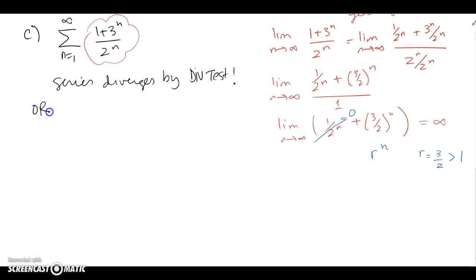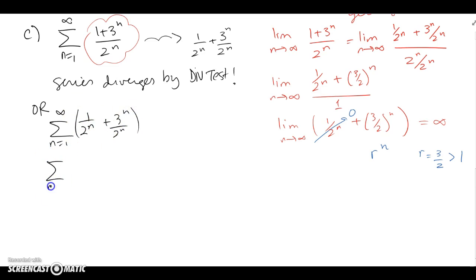Or if you want, we can split up the sum into, well, this guy is really just 1 over 2 to the n plus 3 to the n over 2 to the n. We can say that's just two of these guys. So I'm going to look at it as such, and then say, well, let's look at them as two separate sums. 1 over 2 to the n plus, I'm going to put them together as 3/2 to the n.